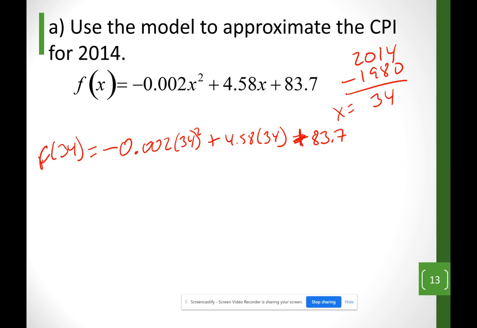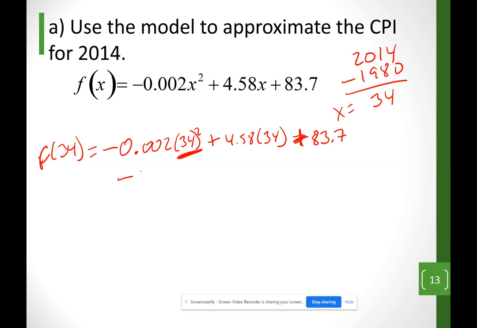Okay, let's work this out. For my first term, I have to do exponents before multiplication. So 34 times 34 is 1,156, times a negative 0.002.